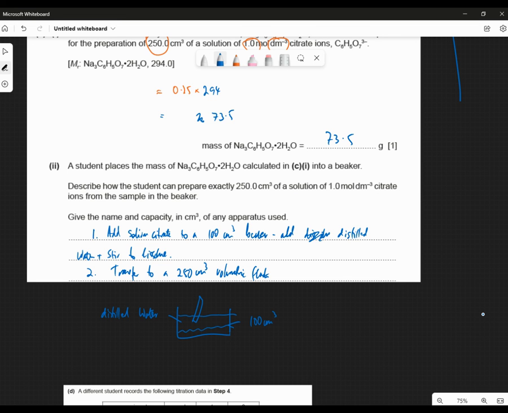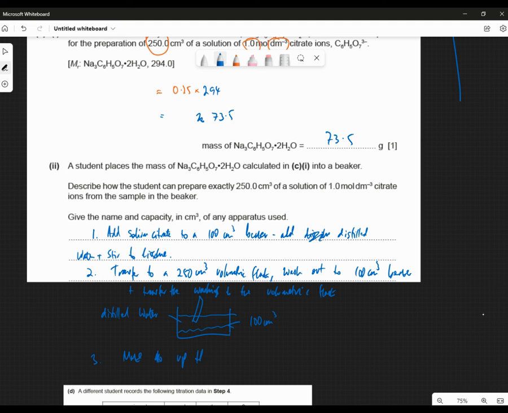Once I've transferred it, I would wash out the 100 cc beaker and transfer the washings to the volumetric flask. So everything is in the volumetric flask, and now point 3, I would make up.